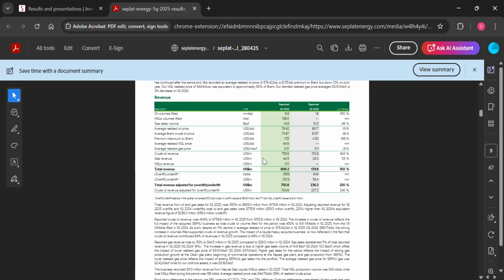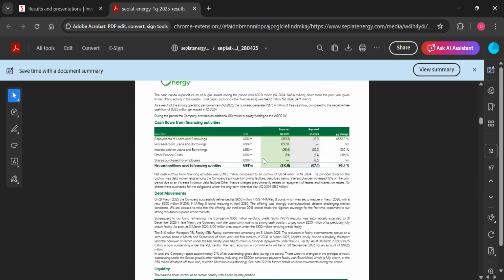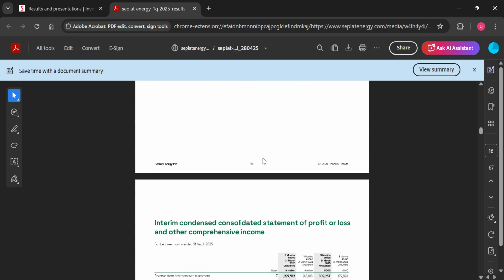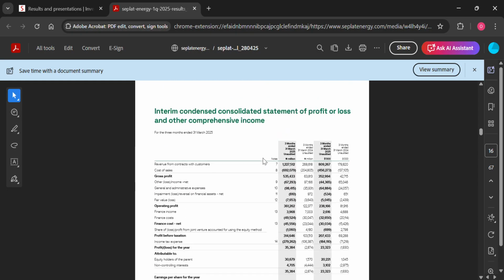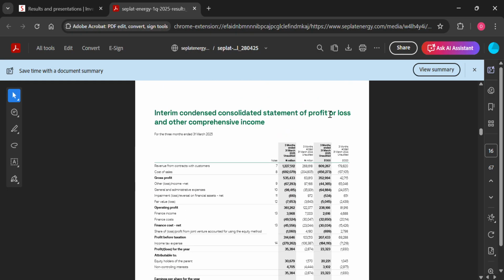So now, how do they look, so that when you see one you will know that okay, this is what it is. So you can see here, interim condensed consolidated statement of profit or loss and other comprehensive income. Then if you check here, for the 3 months ended 31 March 2025. So what this means is that the statement of profit or loss and other comprehensive income, or statement of financial performance of this particular company that you have in front of you, is for the period ended Q1.